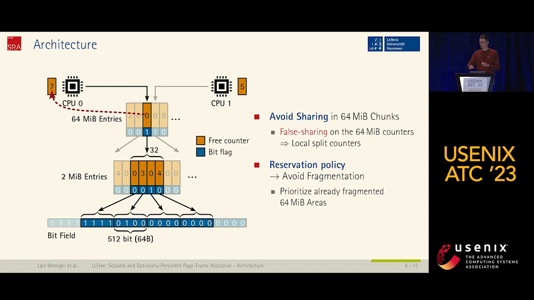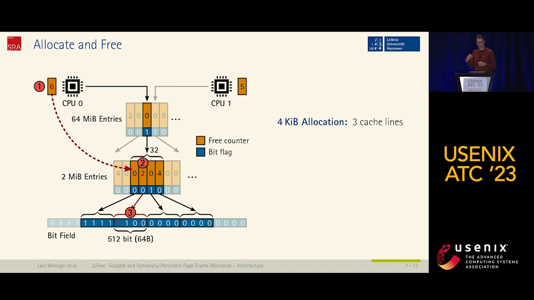Okay, so much for the general architecture of the allocator. Let's take a quick look into how an allocation really looks like. For the majority of cases, an allocation consists of 3 steps. We first decrement our CPU local counter. If this counter is already 0, we have to reserve a new 64 MB entry.